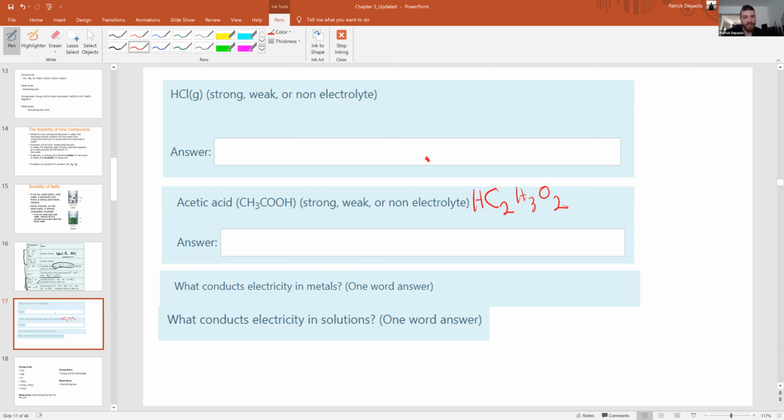They just wrote it differently, but the way they wrote it is actually more structurally relevant. This is a structural formula. If you were to write it out, it would be CH3, C, a double bond to the O, single bond to the OH. That would be acetic acid if you wrote out the structure.